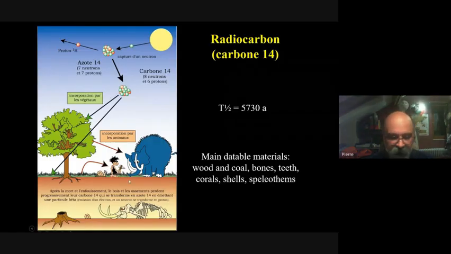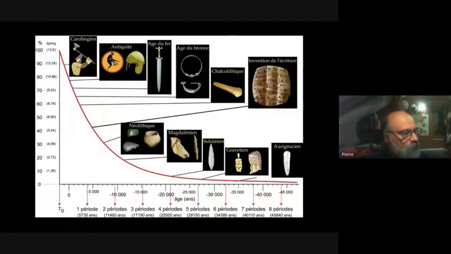And after that, progressively, slowly, the ratio of C14 decreases in the support we can use now for dating.